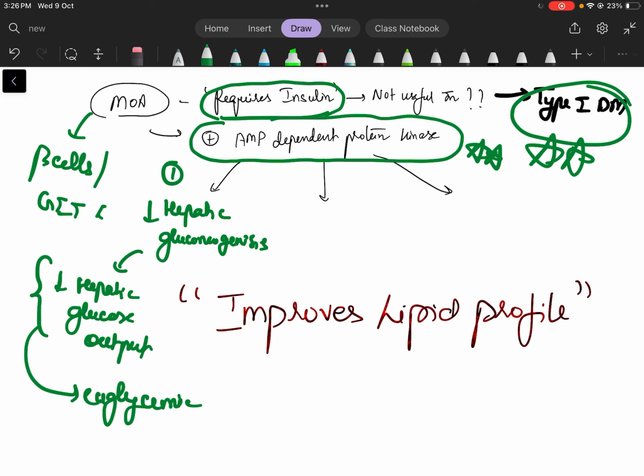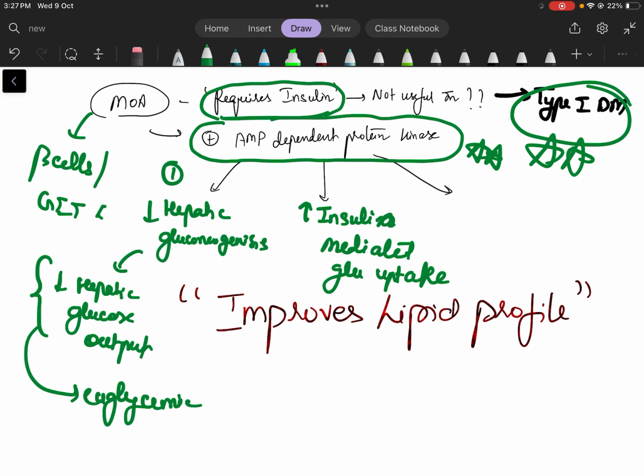Other features through which it acts: it increases insulin mediated glucose uptake. So it acts on AMP dependent protein kinase, it decreases hepatic gluconeogenesis, and it increases insulin mediated glucose uptake.